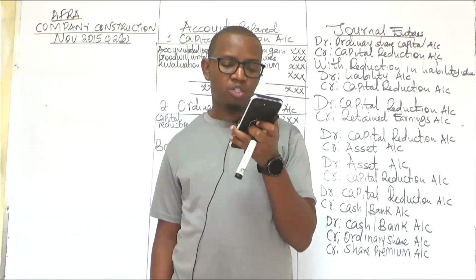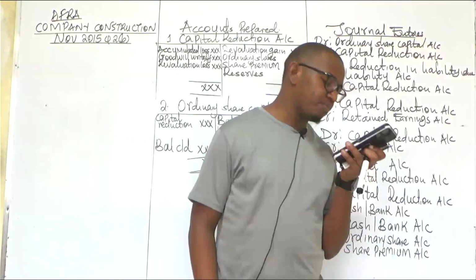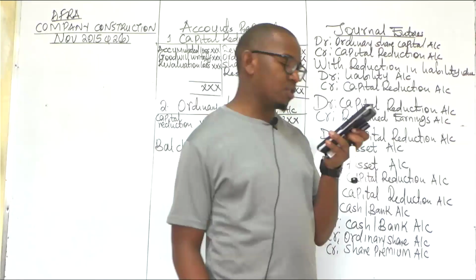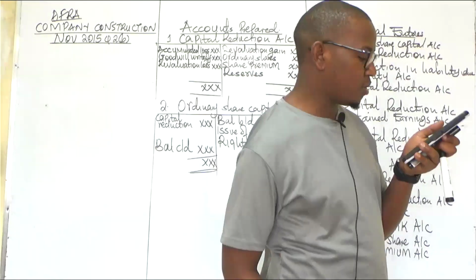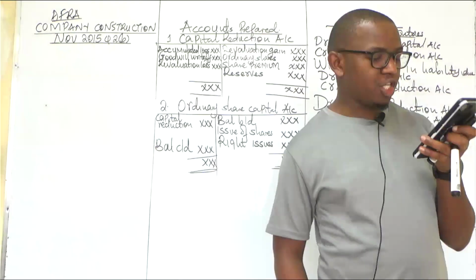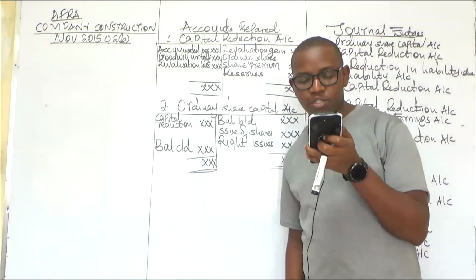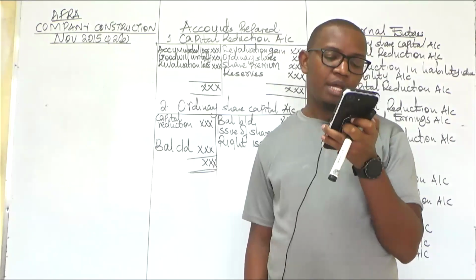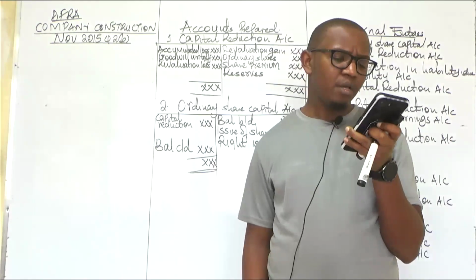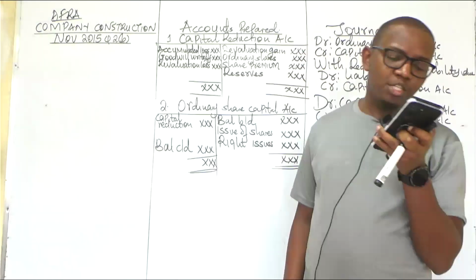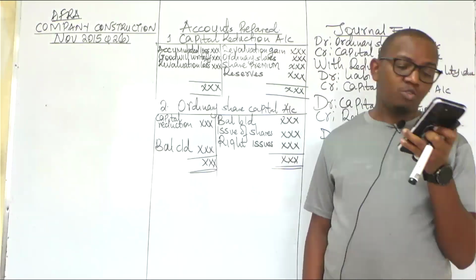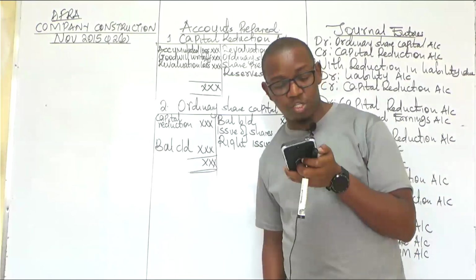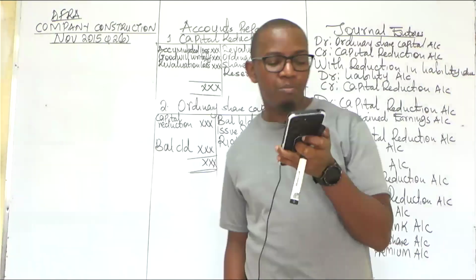The loan is to be secured by a fixed charge on the building and a floating charge on the company's remaining assets. The credit balance on the share premium account, accumulated losses and goodwill are considered valueless and are to be written off. The assets listed below are to be restated to the following amounts: plant and machinery, inventories, trade receivables, buildings.